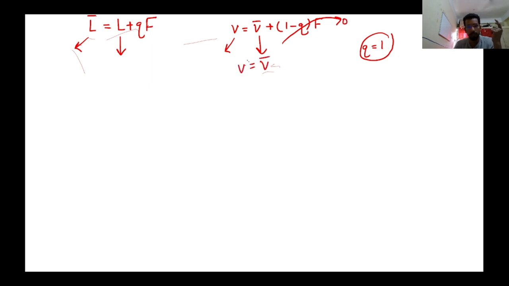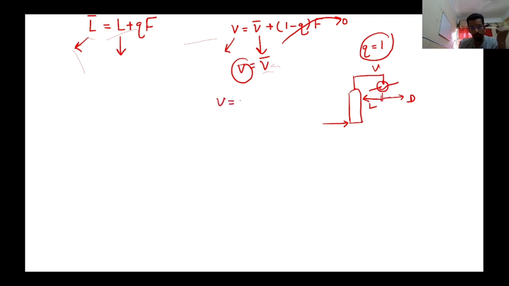That means our job is to find V. If I only draw the upper portion, this is D, this is L, this is V, this is the condenser. So from a single stream of V, L and D are divided. So I can write V is equal to L plus D.